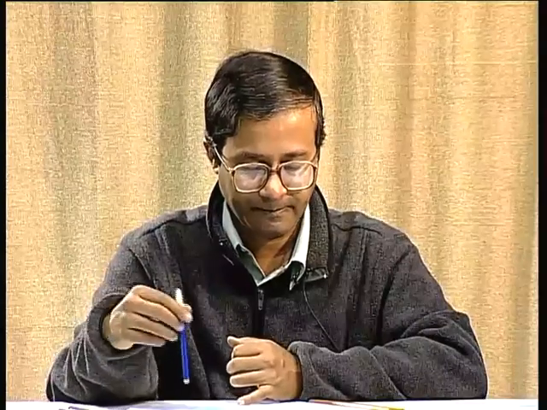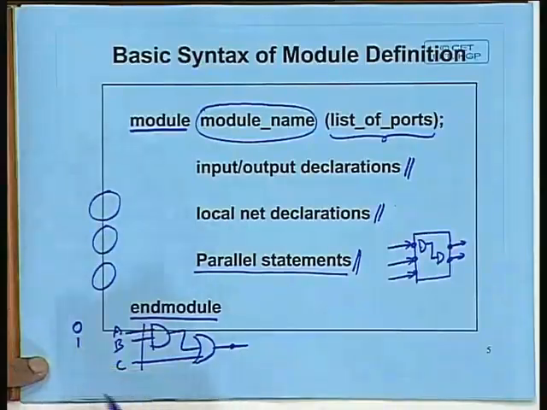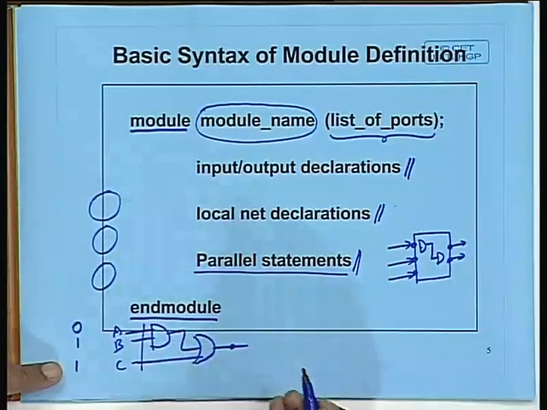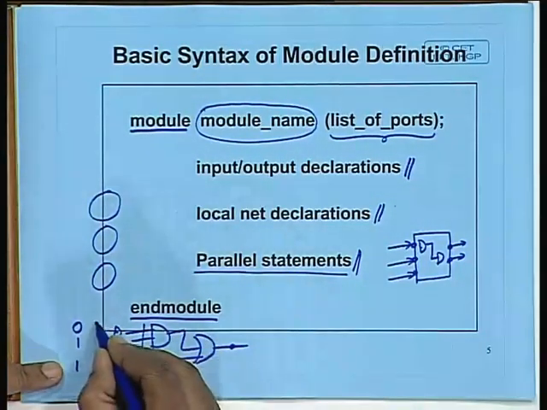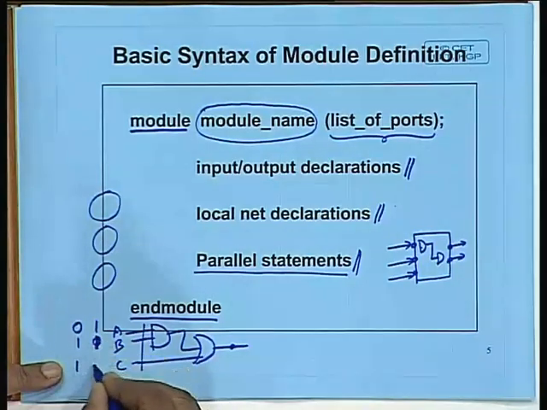Sir, here I did not understand what you do with this ABC. They are running in parallel, no? Here I am saying, suppose the values of A, B, C were 0, 1 and 1. Now they change to 1, 1 and 0.